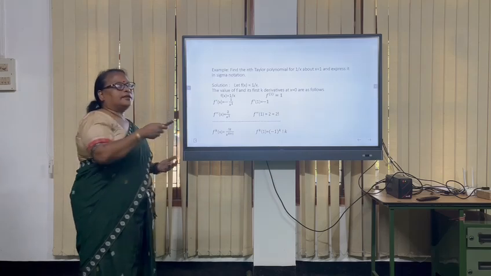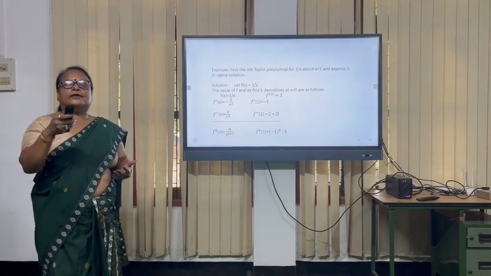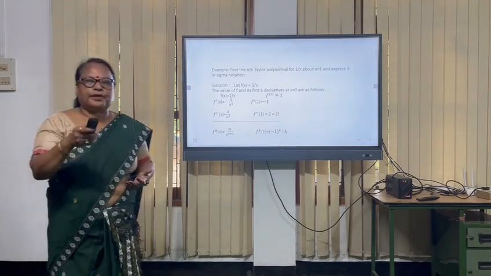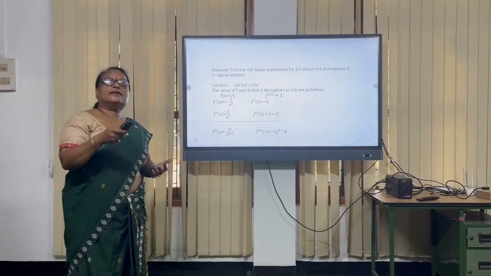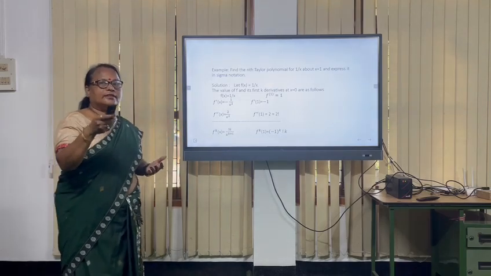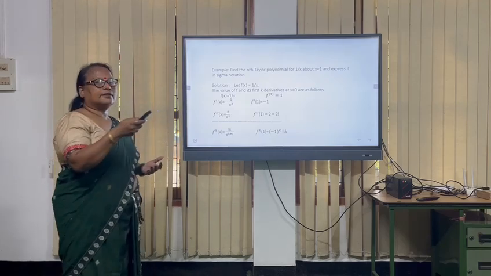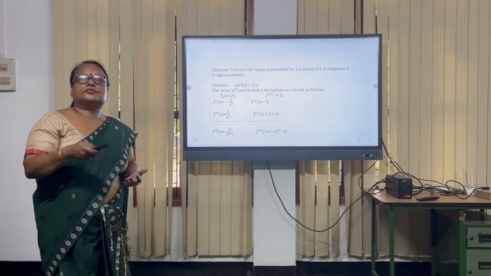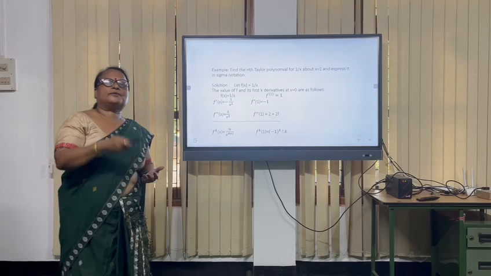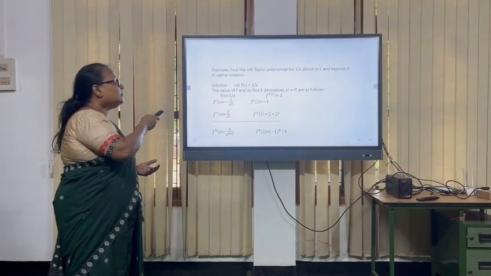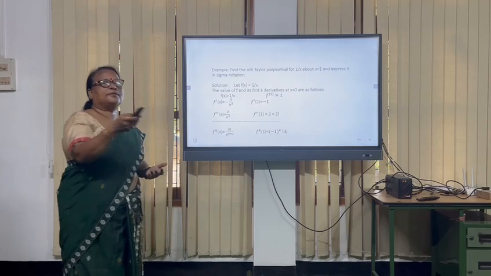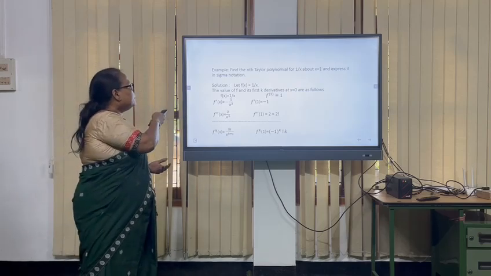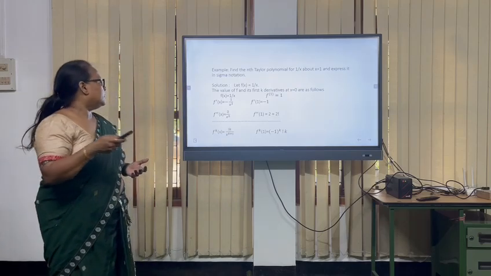And its first derivative: the derivative of 1 by x, which is x to the power minus 1, will be minus 1 divided by x squared. And at the point x equal to 1, the first derivative is minus 1 by 1 squared, equal to minus 1.